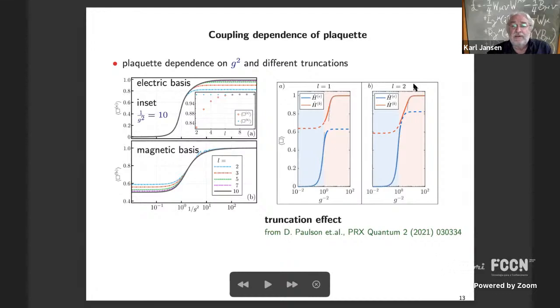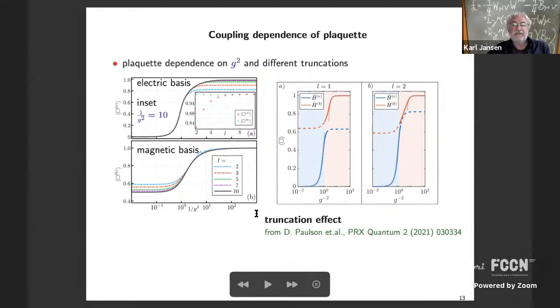If I choose small l to be 2, I see the same picture. However, now I see that these two curves from the electric and the magnetic basis actually match around g squared equal to 1, which means I can start from the strong coupling regime, so 1 over g squared small, g squared large, then go up to around g squared equal 1, then change the basis, and then I can continue and go really to the small coupling regime and take the continuum limit.